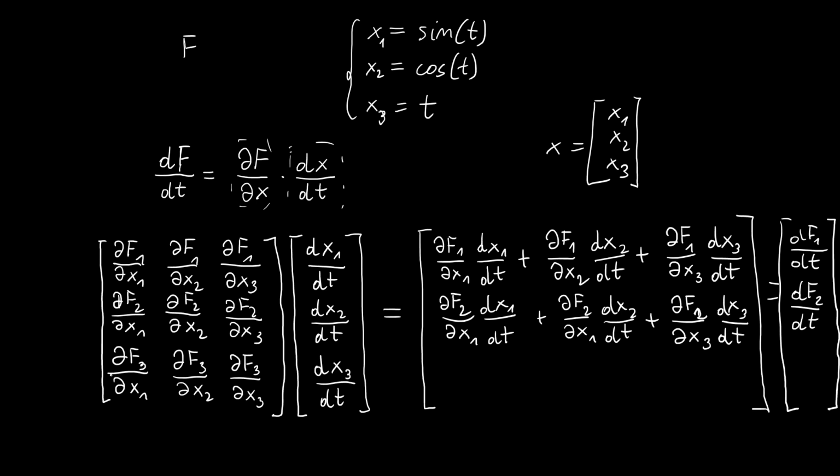And now we take third row, first column, and go from the beginning, partial derivative of f3 over x1, oh, it's x2 here.